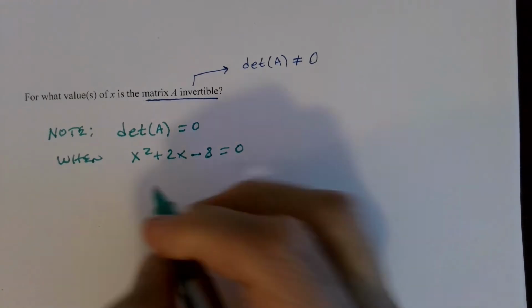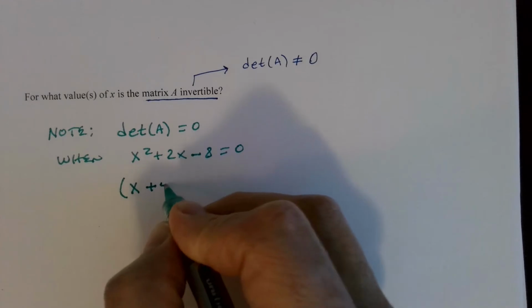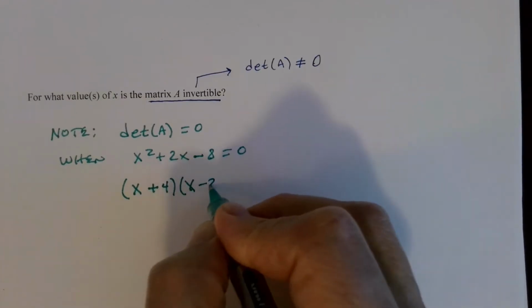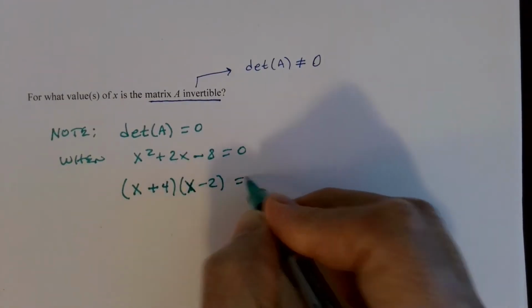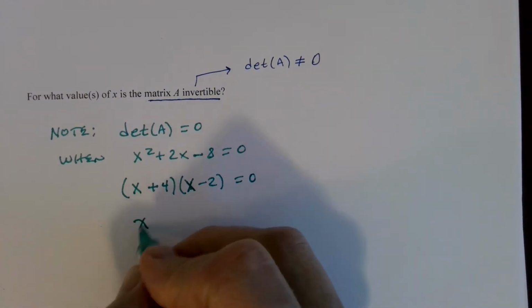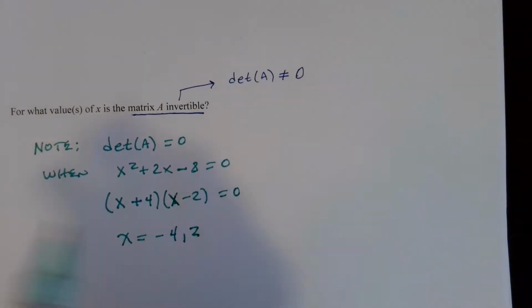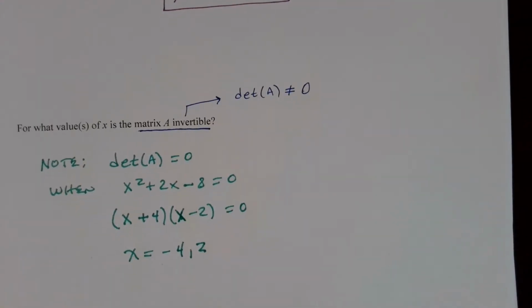If I can factor, I factor, and in fact I can. This factors as x plus 4 times x minus 2. And therefore x is either negative 4 or positive 2. All right, but that's when the determinant is 0.